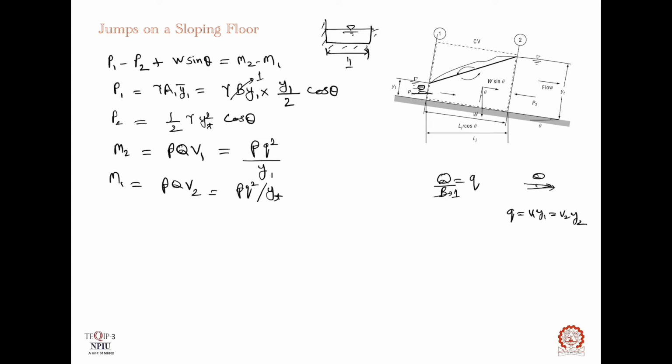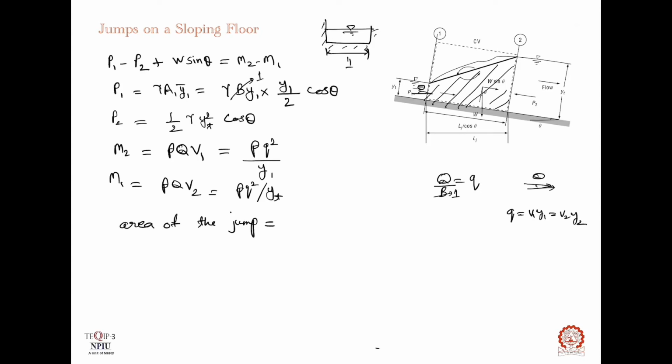Suppose this is the profile, then in that case what will be the area of the jump? Means we are talking about this area. Okay, what is this area? The area of this portion will be the area of the jump.